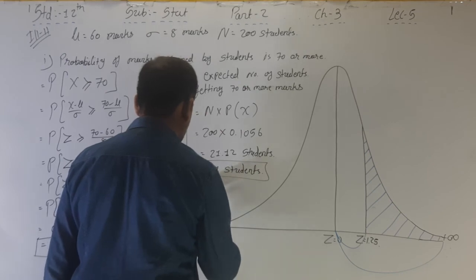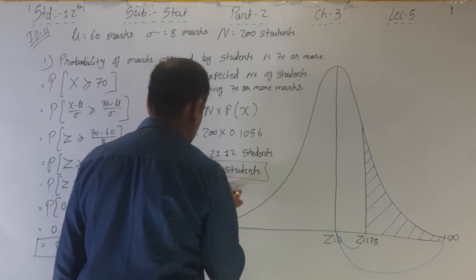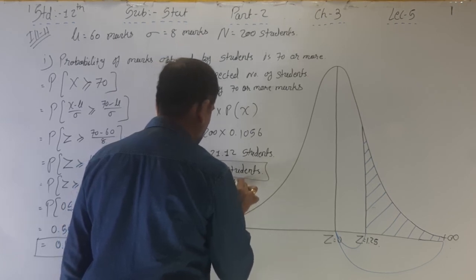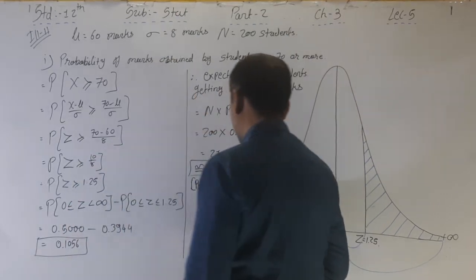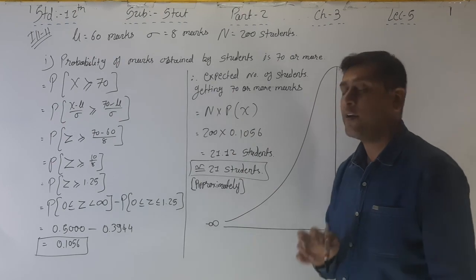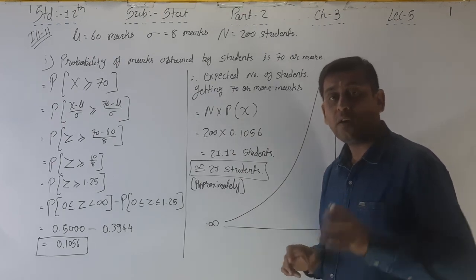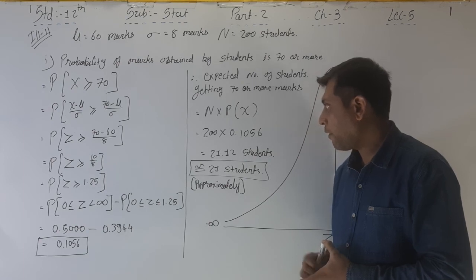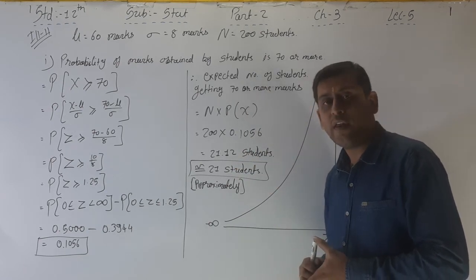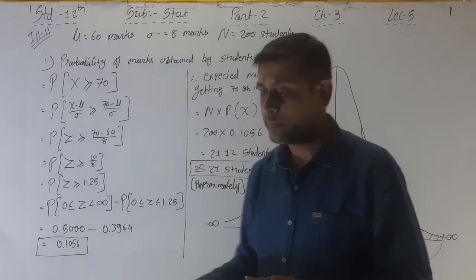Compulsorily you have to write that down: approximately 21 students get the special scholarship. So this is your final answer of point number 1.